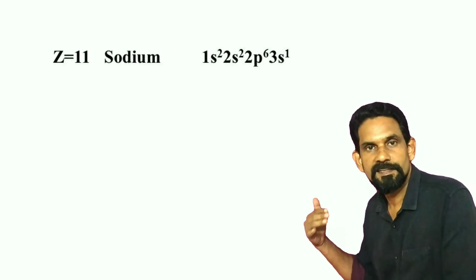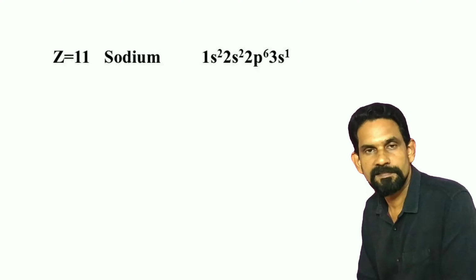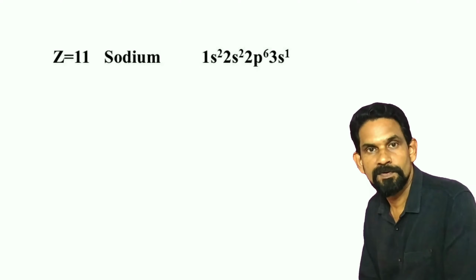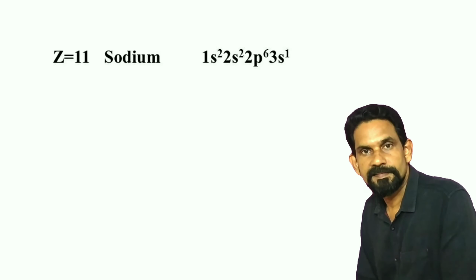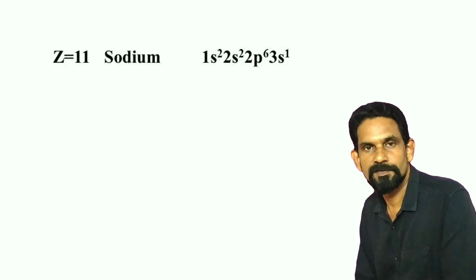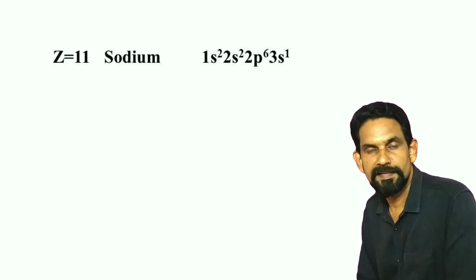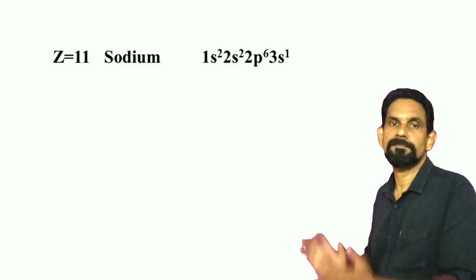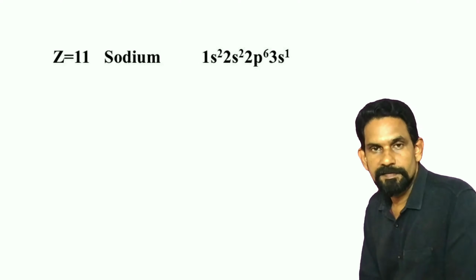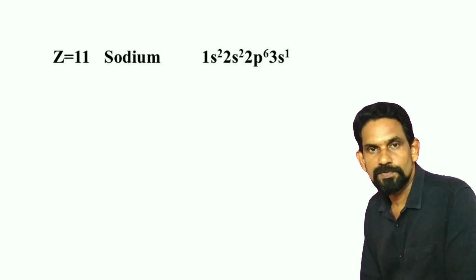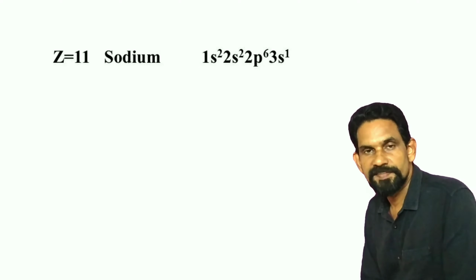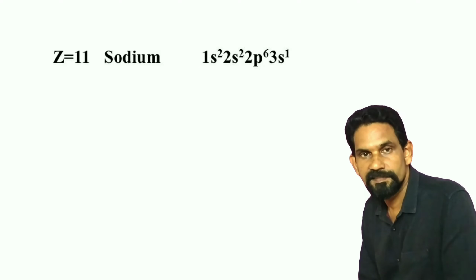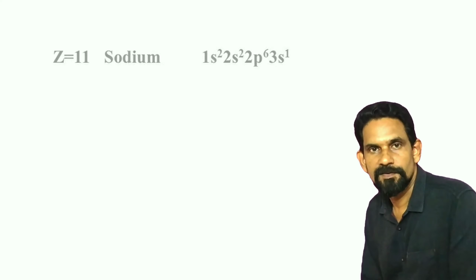The next, 11th electron is going to the next subshell, which is 3s1. Okay? Then the subshell electronic configuration of sodium is 1s2, 2s2, 2p6, then 3s1. Okay?